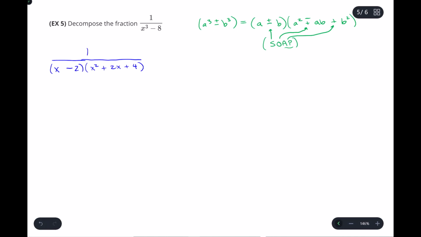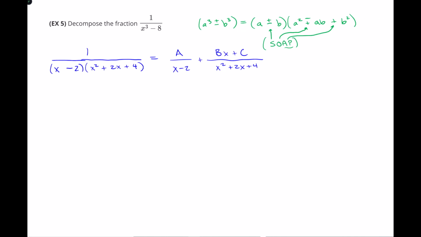And we're on our way to decomposing this fraction. Here's what the decomposition would look like to start with. We would have some constant over the linear term, x minus 2, and then we would have x squared plus 2x plus 4 in the denominator here, and we would have a linear function in the numerator there, because that's an irreducible quadratic.